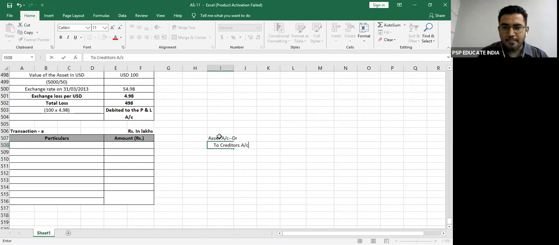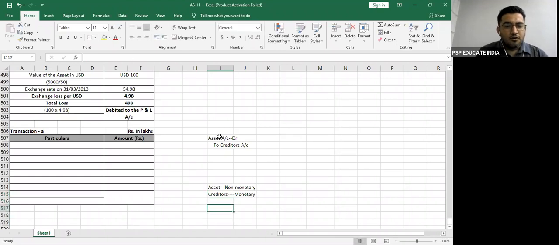Okay. This involves two aspects. Can you tell me what is asset, monetary or non-monetary? And what is creditors? Monetary.